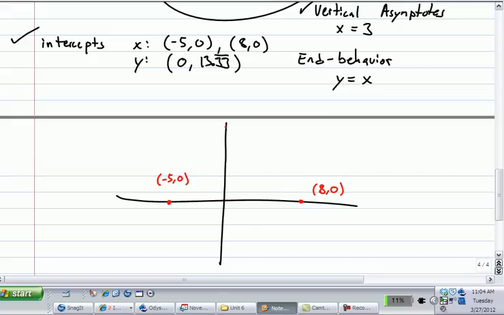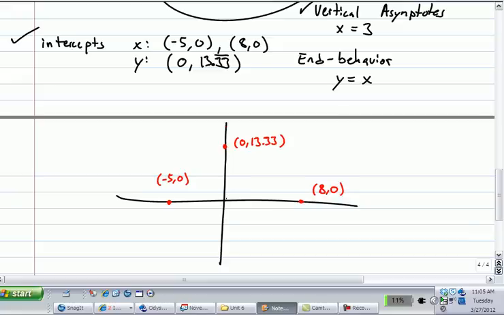Then the vertical asymptote is at 3. And then the end behavior is that horizontal asymptote.